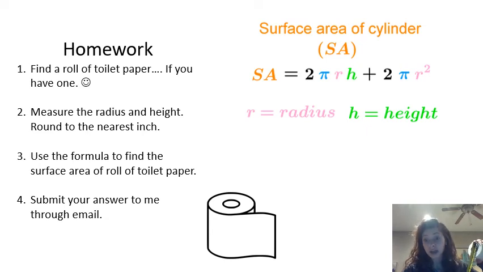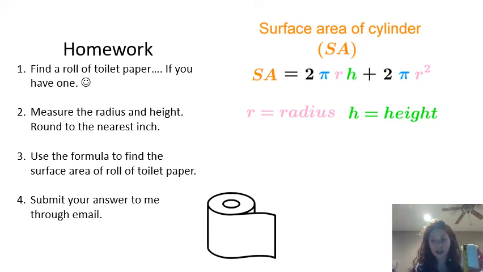That's the diameter, right? You need half of that. So that would be 1.5. And again, we're rounding to the nearest whole. So 1.5 would round to what? 2, right? So is this going to be super exact? No, but we're trying to make numbers we can work with a little more easily.